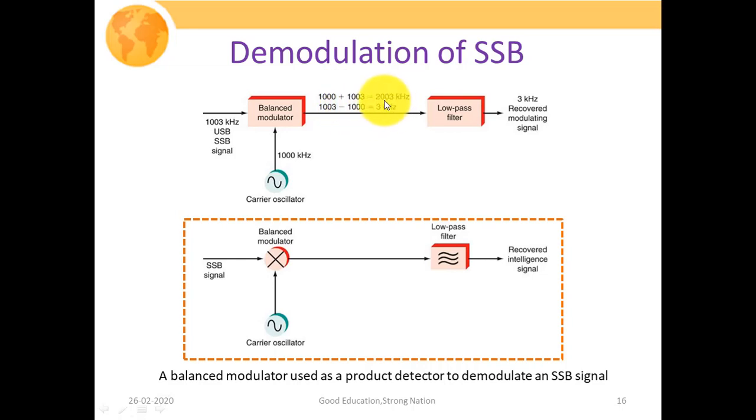So one frequency will be at 2003 kilohertz and the second at 3 kilohertz. When we pass this signal through a low pass filter centered around audio frequencies, we will only recover this 3 kilohertz intelligent message signal, and it will reject the 2003 kilohertz or higher side of the signal.